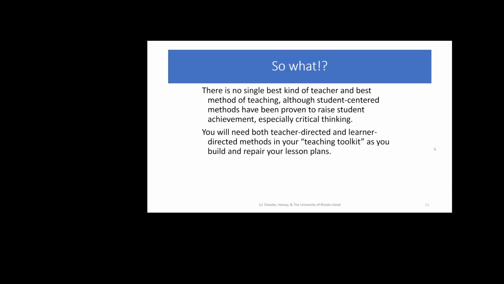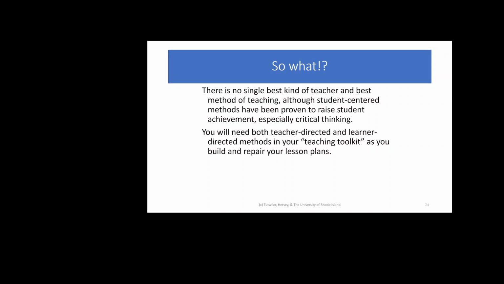Right? So this is the final thing I want to say about instruction. There is no one way to do this right. Everything hinges on the students you have in front of you and their needs. So what works best for one class may not work for another.